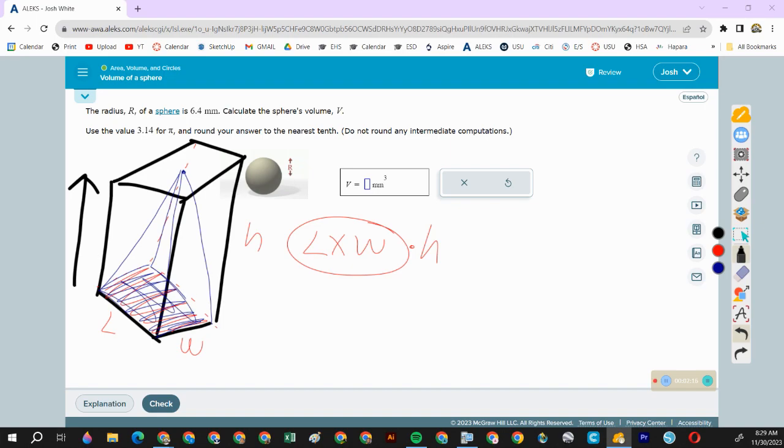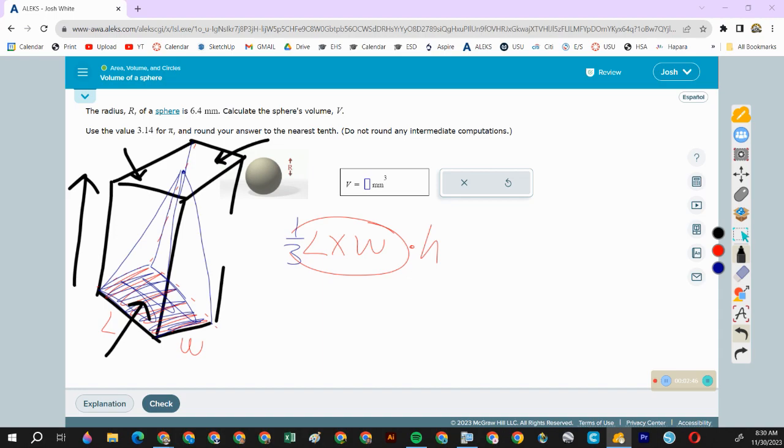Not half, a third. So the volume of that pyramid is going to be 1/3 of the length times the width times the height. Okay, so you can sort of look at it as this empty space and this empty space and the pyramid all have the same size. They're all the same volume.